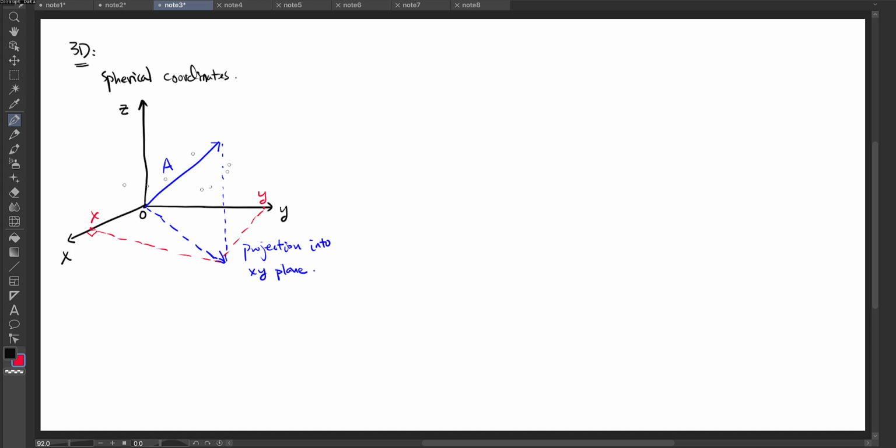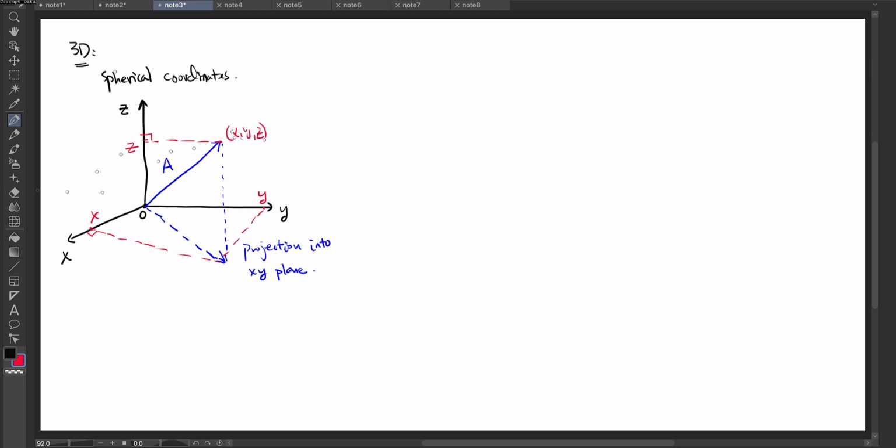Now the difference, because it's 3D, is that we also have a projection from the original vector A onto the z-axis. And that gives us a z coordinate. Okay, so the vector A represents x, y, z.